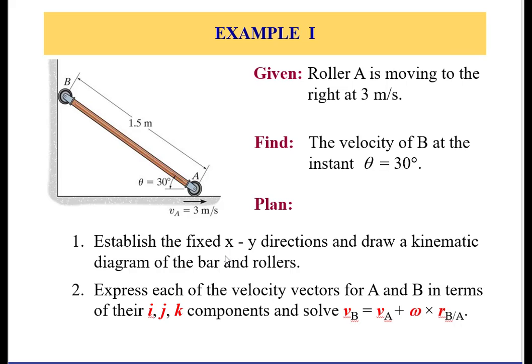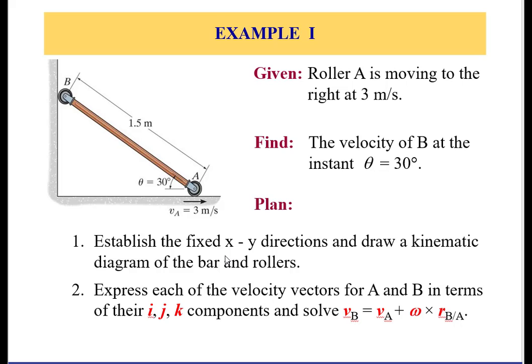Consider this roller, which is sliding over a wall. A roller of that link at point A is translating to the right at a given magnitude, 3 meters per second. If we choose the Cartesian coordinate system for this mechanism with positive x to the right and positive y upward, then VA equals 3i.